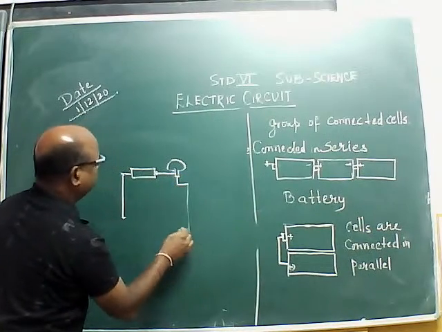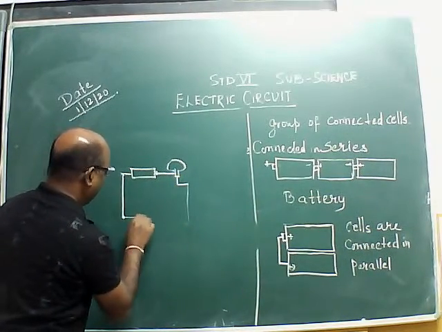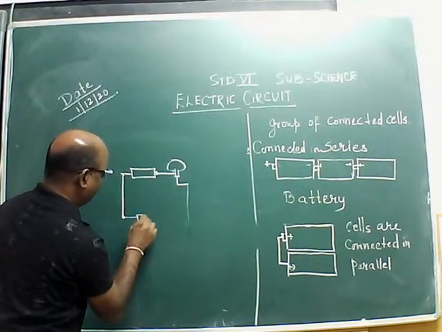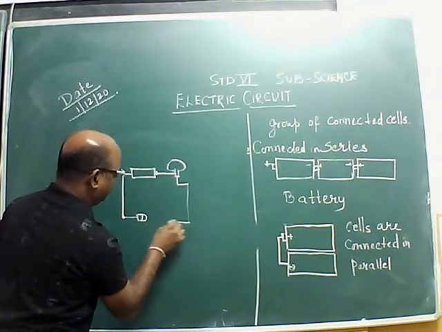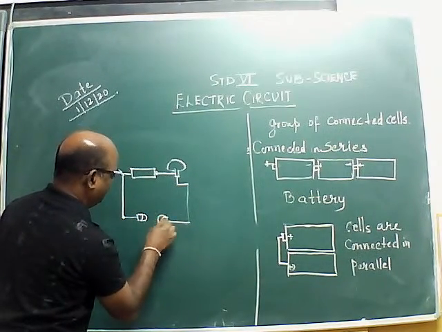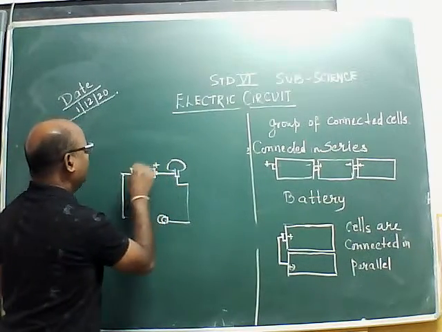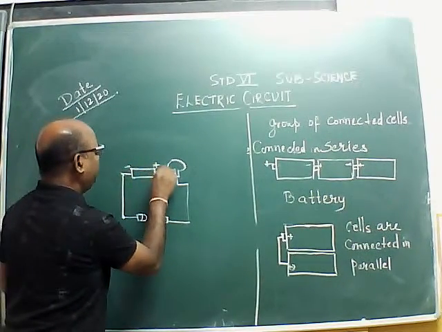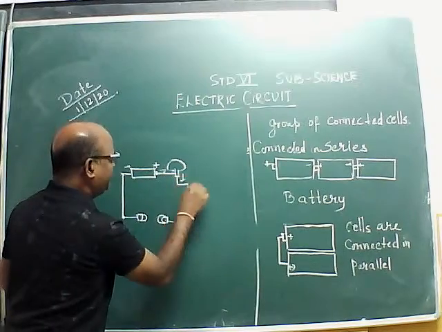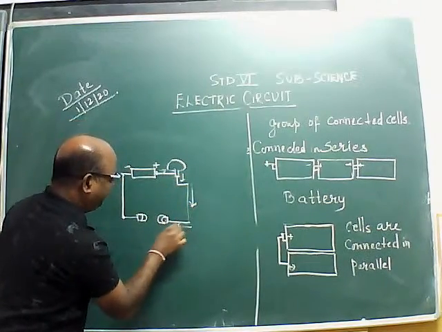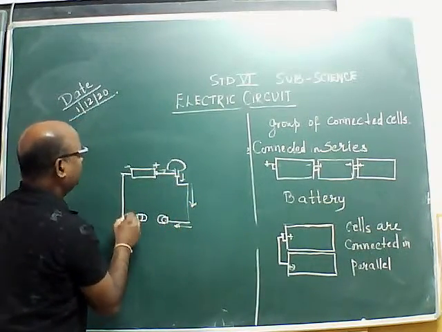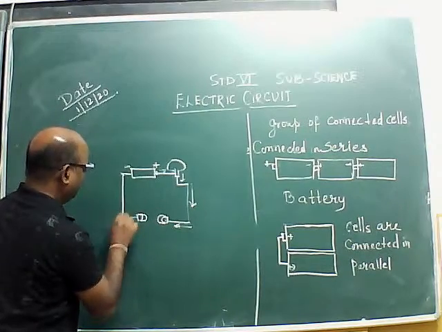Then here are two pins. Yesterday I told you this is the positive terminal, this is the negative terminal. Electricity is flowing from the positive terminal to the negative terminal.